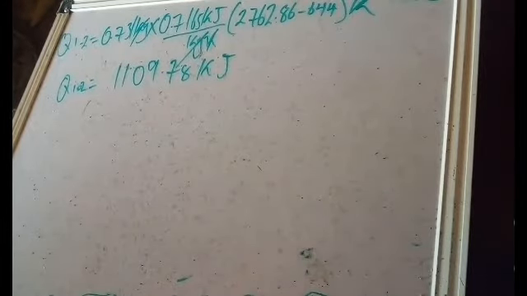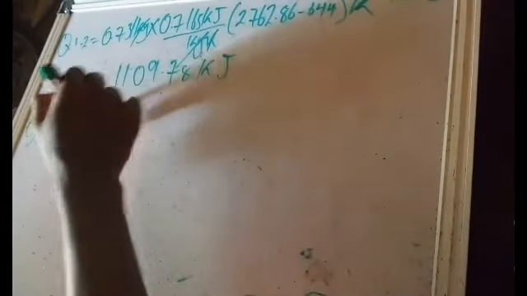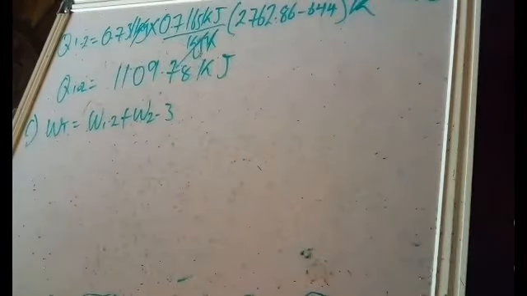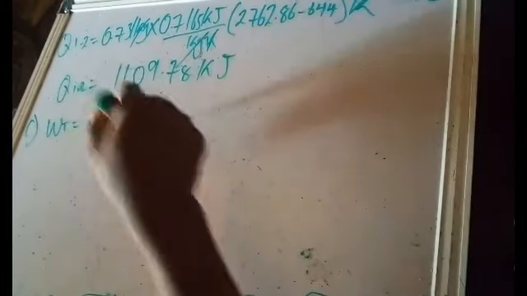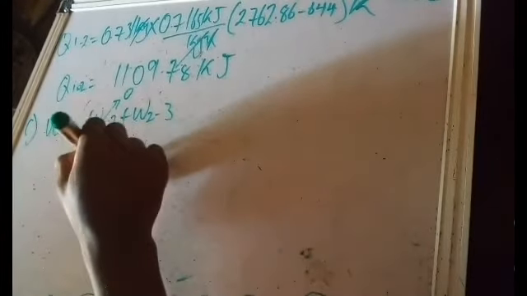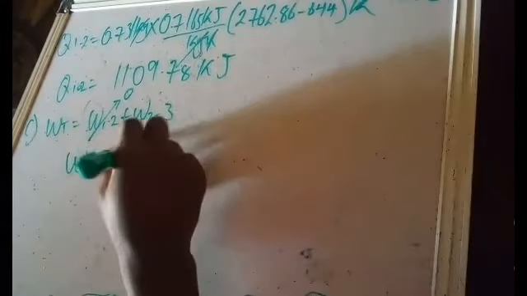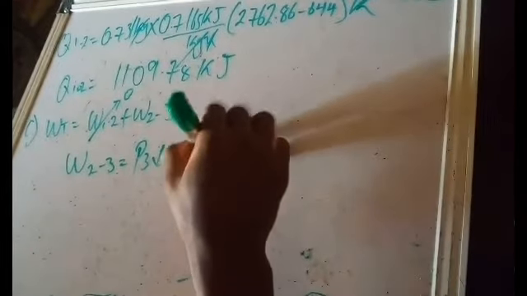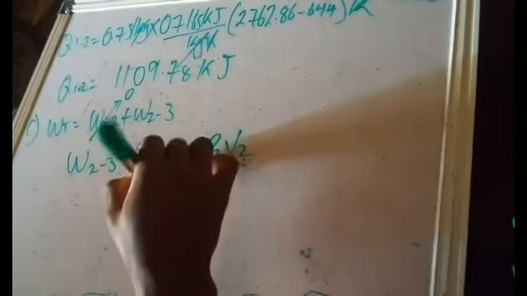Now to get the C part of our question. The C part says we should calculate the total work done, which is work done from process 1 to 2 plus work done from process 2 to 3. Work done from process 1 to 2 we already know to be 0. To get the work done from process 2 to 3, we are about to derive it here. Work done from process 2 to 3 gives us (P3V3 minus P2V2) over (1 minus n).